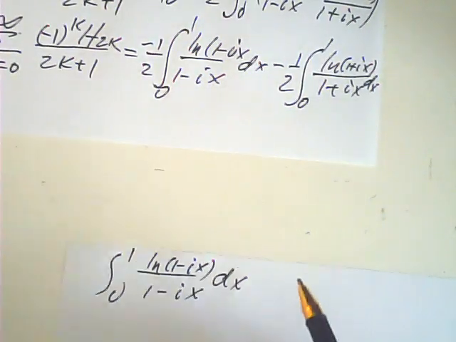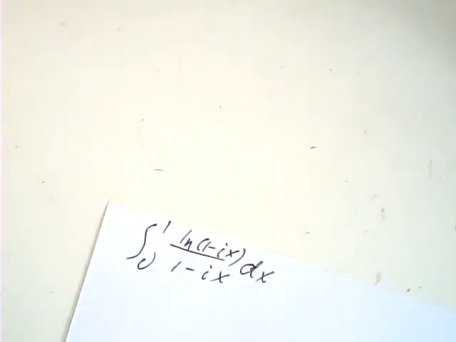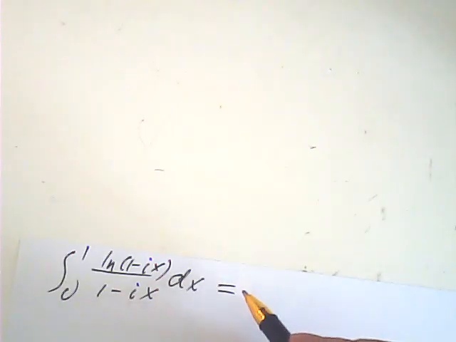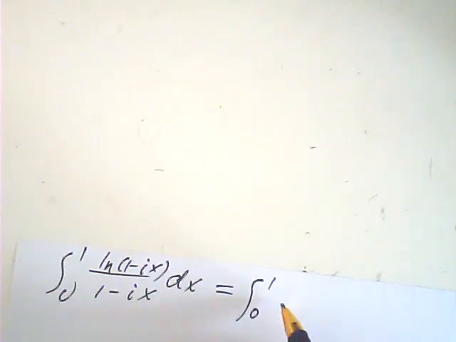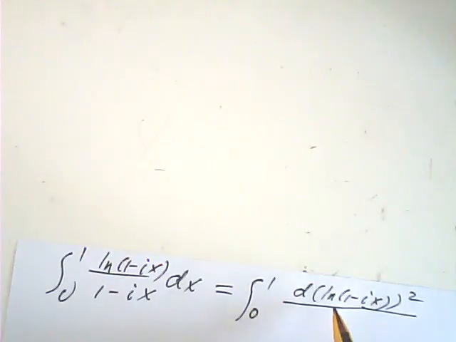This integral becomes simply d of log of (1 minus ix) squared. The derivative is 2 times this one, times this derivative.